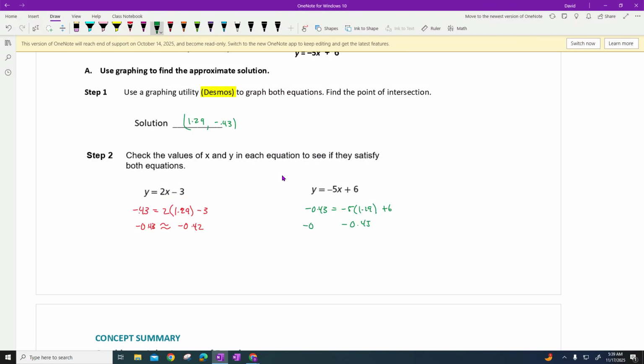Over here I had negative 0.43, so I'm 2/100ths off on this one, but they're pretty close. So it's a little bit harder to check your answer for accuracy here. But we're pretty close, so we're pretty confident. Not only that, we had a graphing calculator tell us what the answer was.